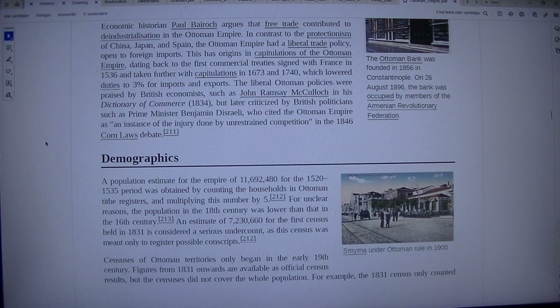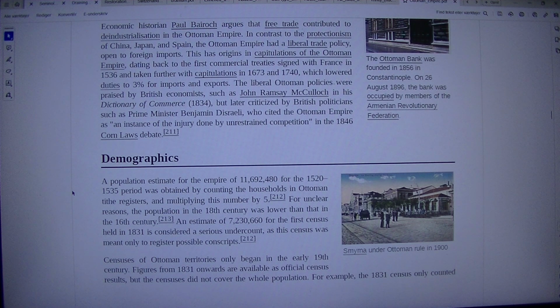The liberal Ottoman policies were praised by British economists, such as John Ramsay McCulloch in his Dictionary of Commerce, 1834, but later criticized by British politicians such as Prime Minister Benjamin Disraeli, who cited the Ottoman Empire as an instance of the injury done by unrestrained competition in the 1846 Corn Laws debate.